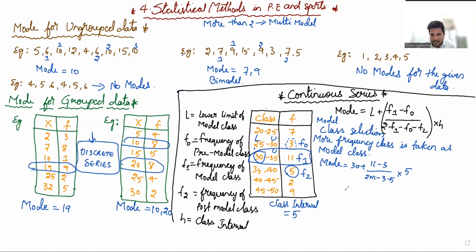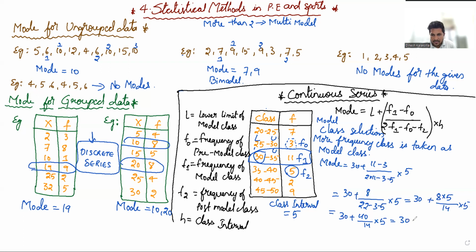So 30 plus 8 by (22 minus 3 minus 5) into 5 is equal to 30 plus 8 by 14 into 5. Okay, so it is equal to 30 plus 40 by 14, right?